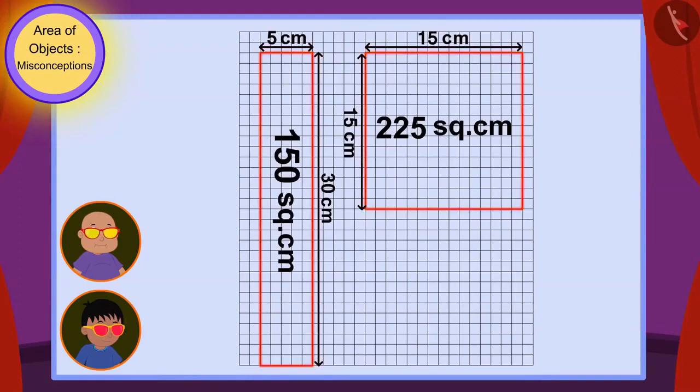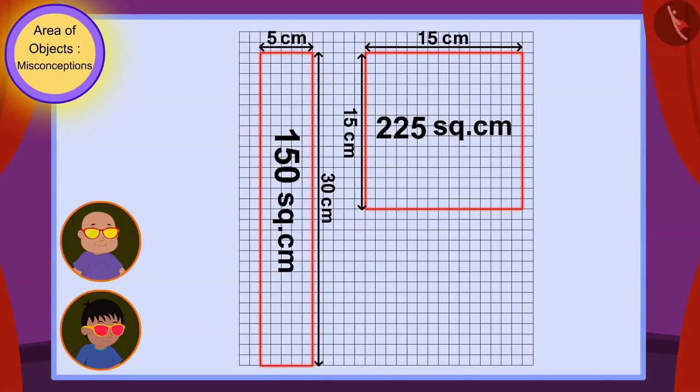Look, Raju, the area of the rectangular table is 150 square centimeters and the area of the square-shaped table is 225 square centimeters. So even though the measurement of the longest edge of the rectangular table is bigger than the edge of the square-shaped table, the square-shaped table is bigger than the rectangle-shaped table.